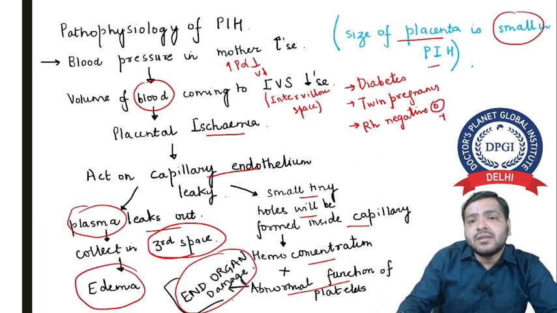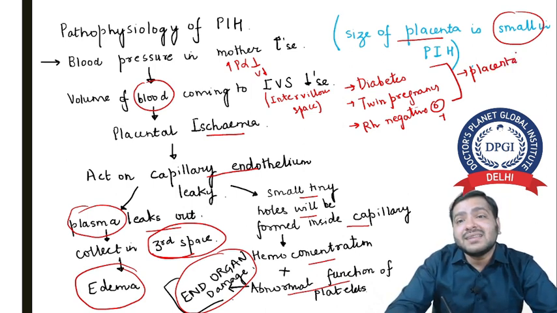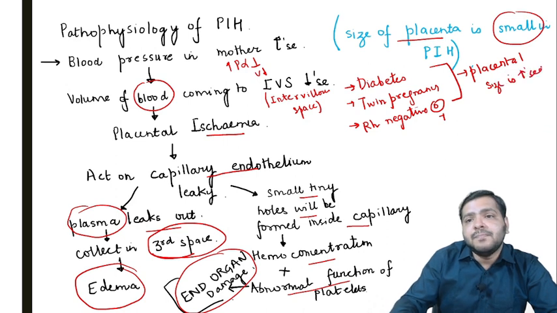So try to remember that the placental size will be increased in these conditions, whereas the size of the placenta will be automatically small in pregnancy induced hypertension. So here the placental size is increased, or the placenta is big.